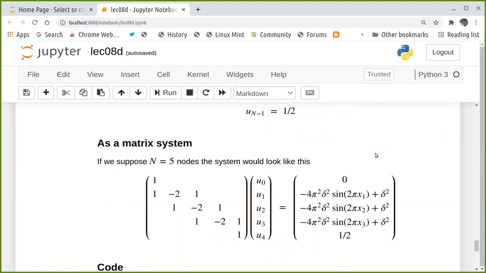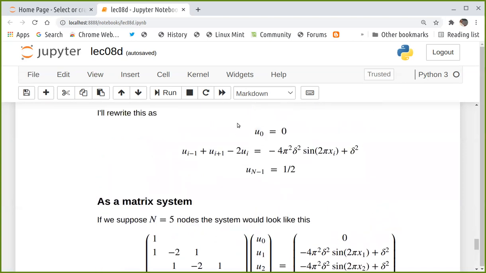All right. So the first equation says 1 times u0 equals 0. The last equation says 1 times u4 equals 1/2, or 1 times u0 equals 0 and 1 times u sub n minus 1 equals 1/2. Okay. And then all the other equations are the central difference formula for the interior nodes. Okay.